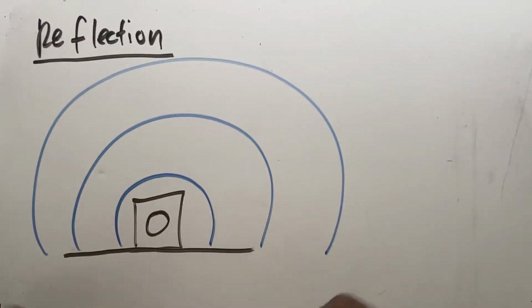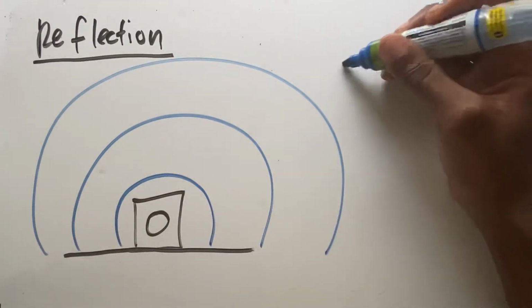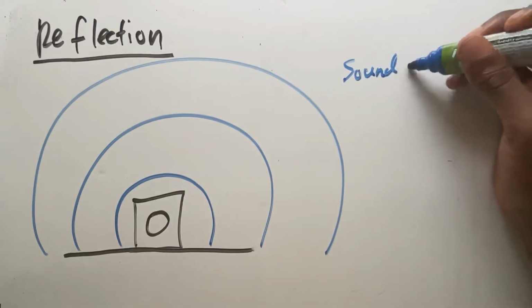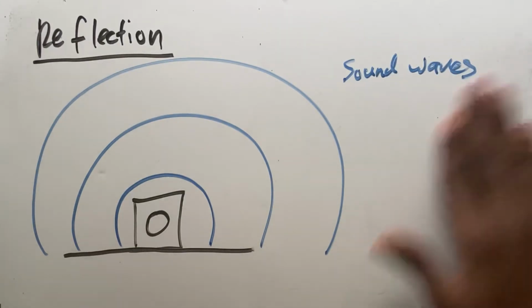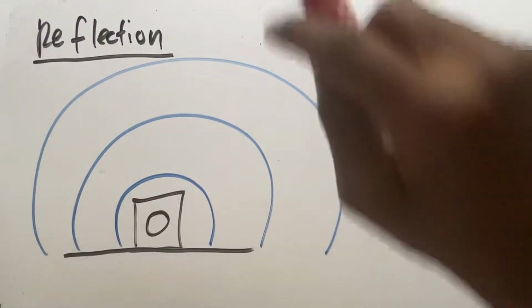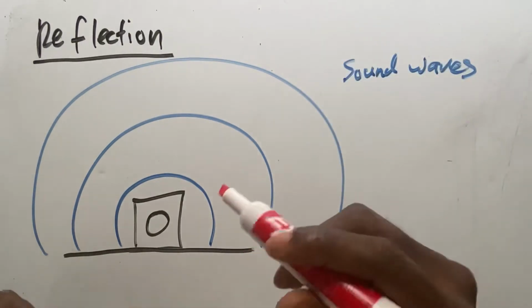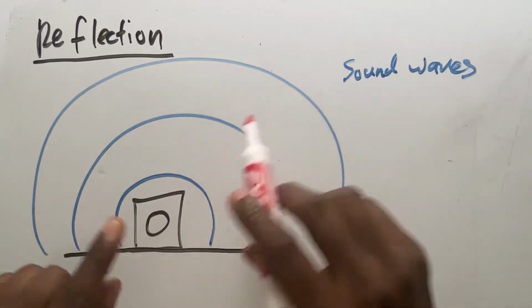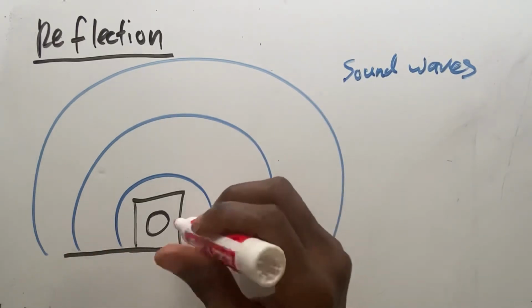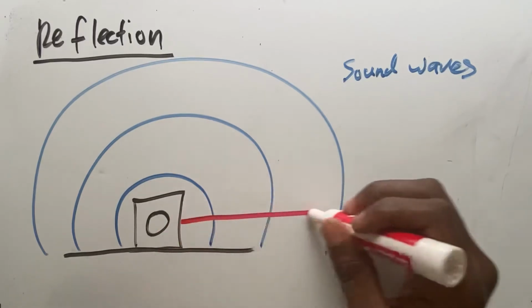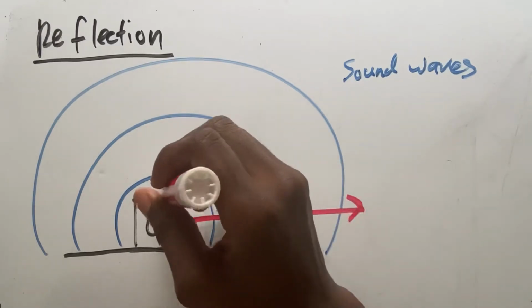Boom. So this is how we draw the sound waves. And we draw the direction of the sound as lines perpendicular to the waves. So the sound is basically going in this direction.